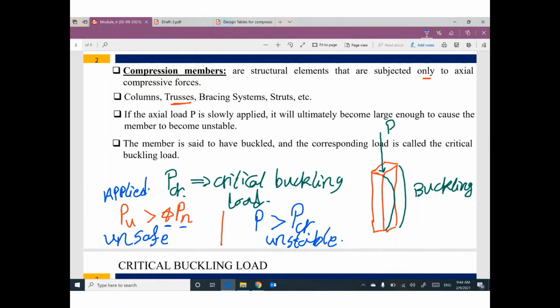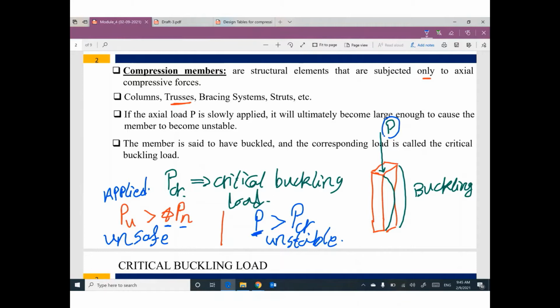Instability of a structure means there is something wrong with this structure. Suddenly, this structure will collapse because it's unstable. So, if you have a member under compressive load, we need to check instability of this member by making sure that the applied load is smaller than the critical buckling load.